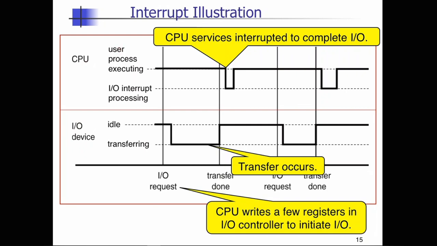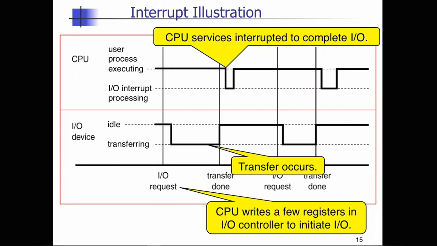The CPU could either be executing a user process, or it could be servicing that I/O interrupt request. The I/O device, a certain device that is responsible for, say, a hardware interrupt, for example, a keyboard, could either be in the idle state or in the transferring state.